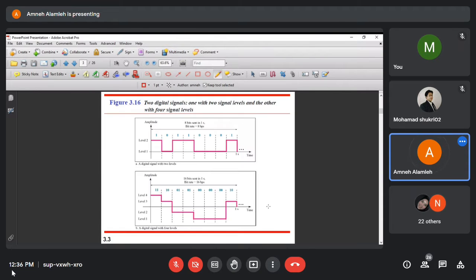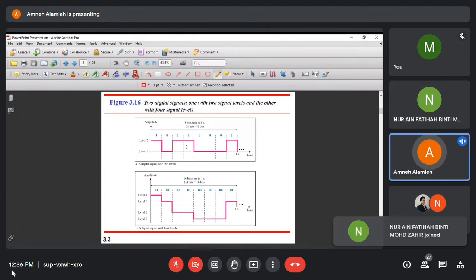Okay. So we said that the digital signal can be in 2 levels or more. This figure shows 2 digital signals. The first one with 2 signal levels, and the second one with 4 signal levels.